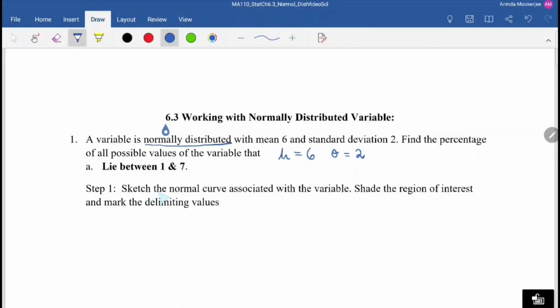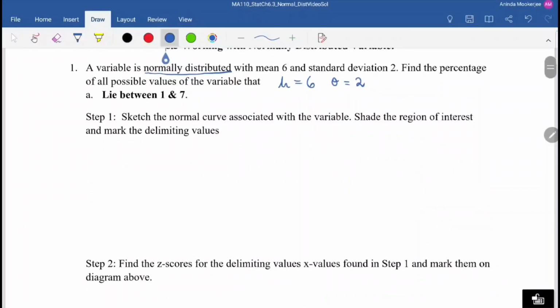So step 1 is to sketch the normal curve associated with the variable. So what I'm going to do is always begin these questions with drawing a curve. It makes it so much easier, because the picture itself will guide you through the process. So sketch the normal curve, draw a curve here. Okay, a symmetric curve will have its center.